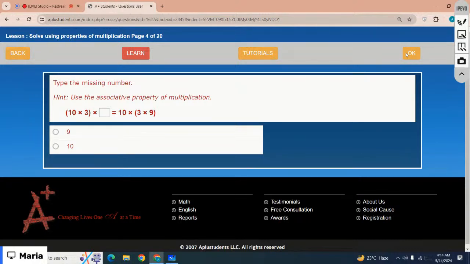Okay, 10 times 3 times the missing number and 10 times 3 times 9. So which number is missing? The correct option is 10 times 3 times 9. 9 is the missing number.